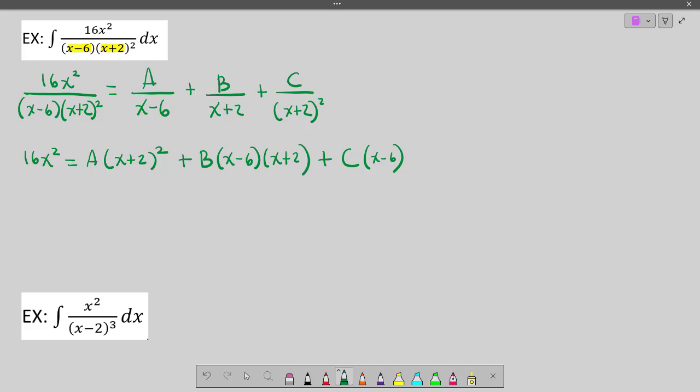If we use the traditional method here, we would have to FOIL all this out, match the coefficients of x squared, match the coefficients of x, match the constants. I'm going to go with the convenient value method, and I've got to point one thing out to you.